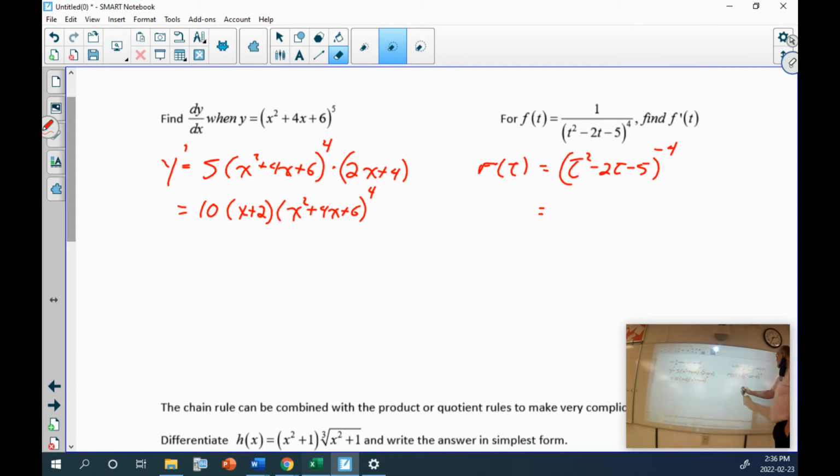So our outside function, bring our -4 down, it becomes our coefficient. Our inside function stays the same. Subtract 1 from your exponent. And then take the derivative of your inside function, which is 2t minus 2.